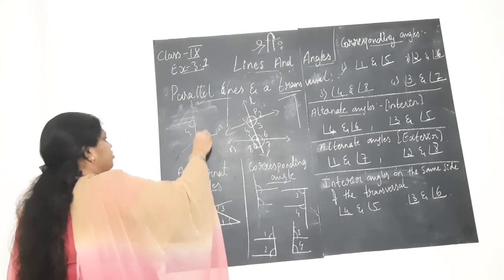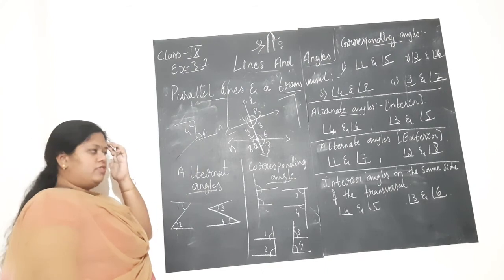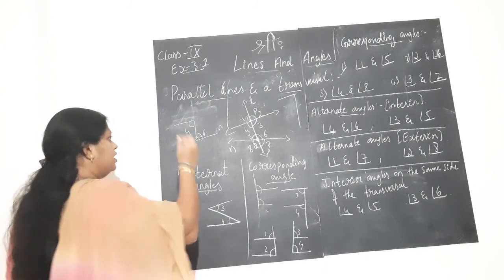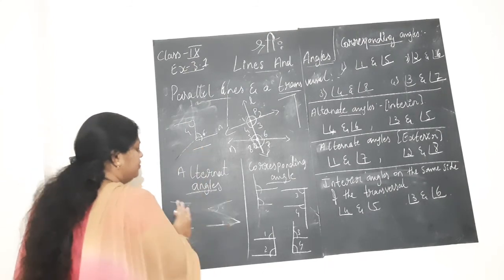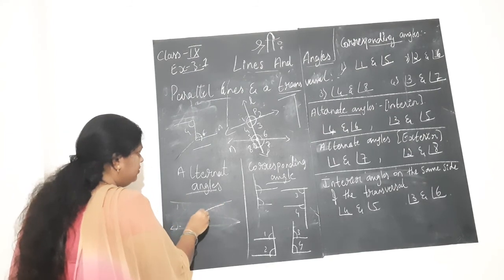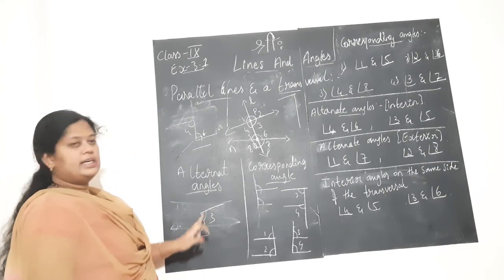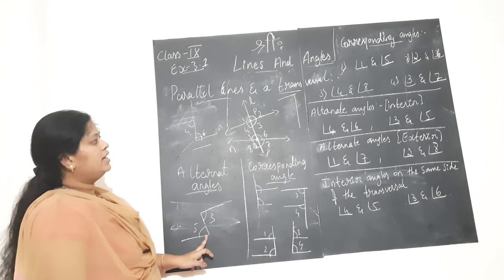This is angle 4, this is angle 6. So these two make the pair of alternate angles. Similarly, 3 and 5. I will draw here for you. This is angle 3, this is angle 5. See, Z-shaped angles are alternate angles.